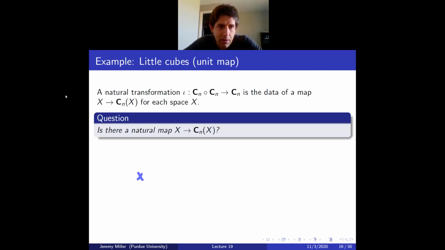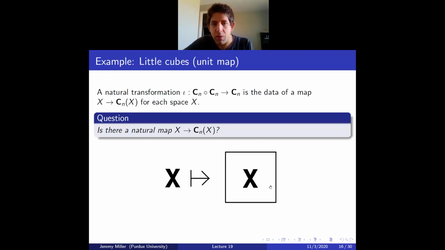I guess I have a picture. You just send X to the identity embedding.